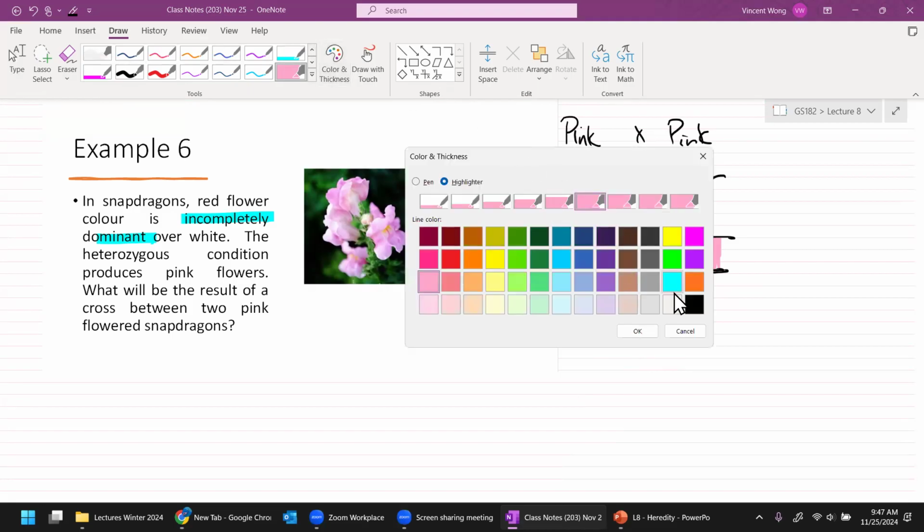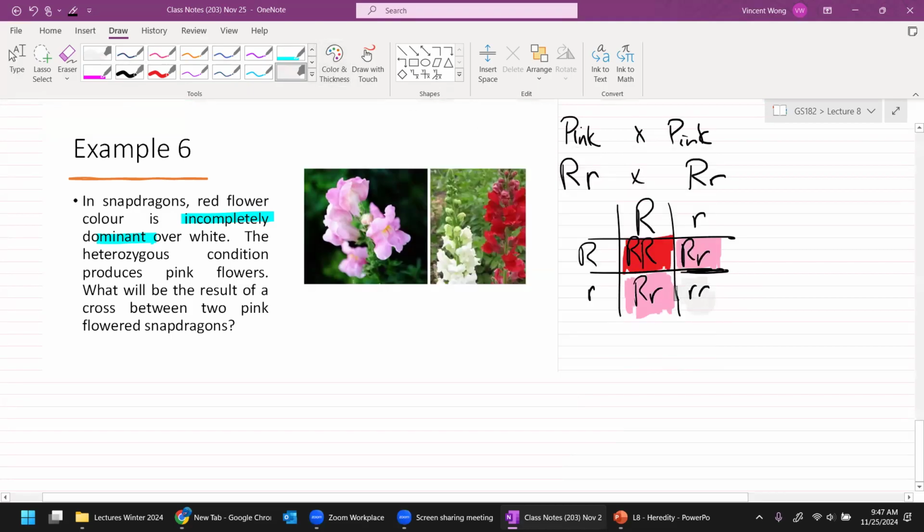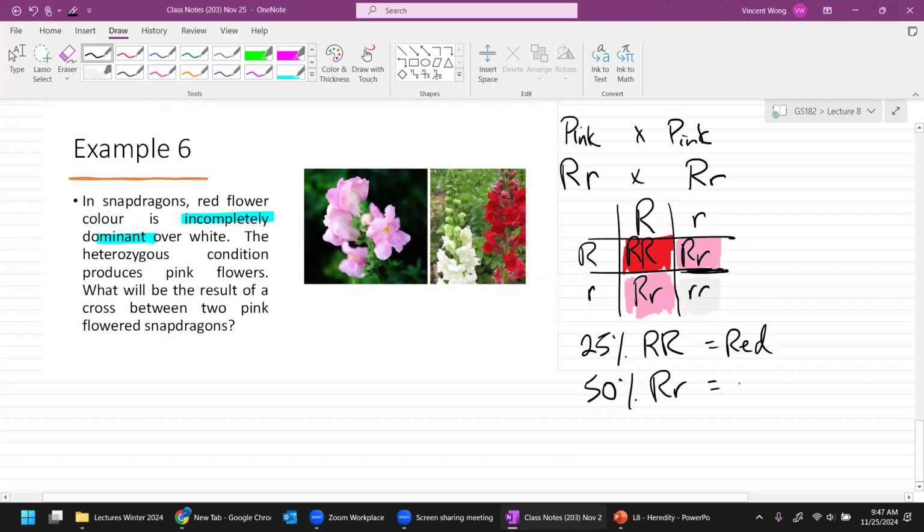So over here, we would have 25% big R, which is red. 50% big R, small r, which is pink. And 25% small r, which is white. Okay? That's all.